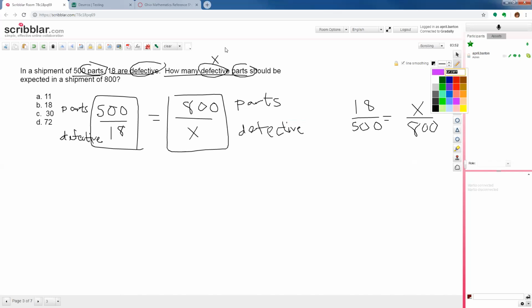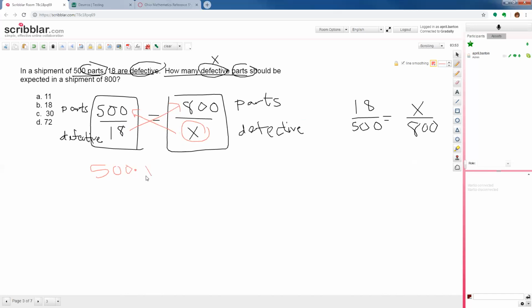So we said we've got to cross multiply to solve. When you cross multiply, you start at the bottom. Again, you can do either direction. You could start with the 18 first. I like taking the right side up to the left, but it doesn't matter as long as you're going across and up. So X times 500, we can't actually multiply anything.